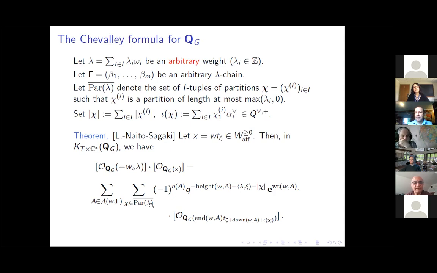Why is it infinite? I didn't understand. I mean, you're taking partitions bounded in each place. Right. So for these partitions, the number of parts is bounded, the length is the number of parts, but the parts themselves can be large.